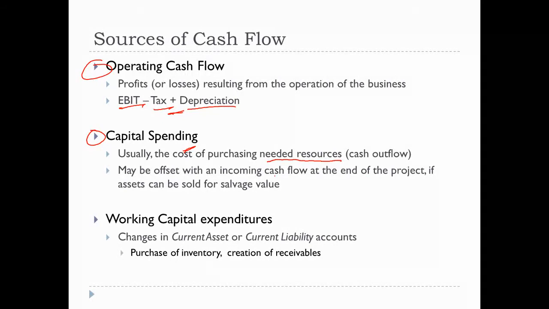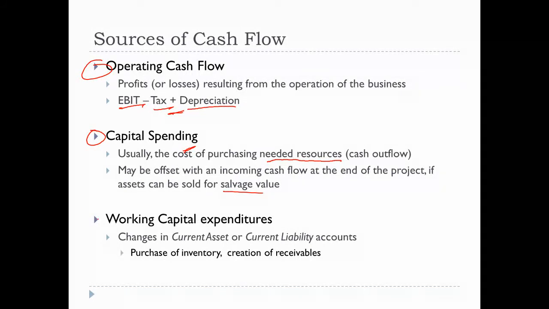There can be cash flows coming back at the end of the project if we buy a piece of equipment for $100,000, use it for 5 years, and then sell it for scrap for $5,000 at the end of the project. Well, that $5,000 coming back at the end represents an offset, a positive cash flow that offsets part of the initial negative cash flow, resulting from the salvage value.